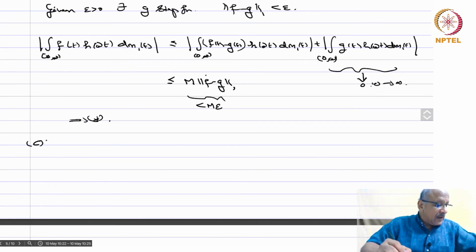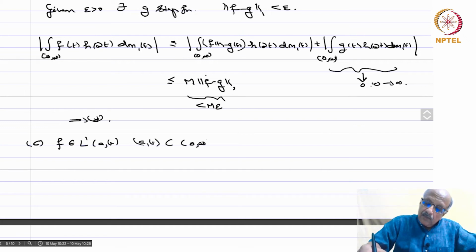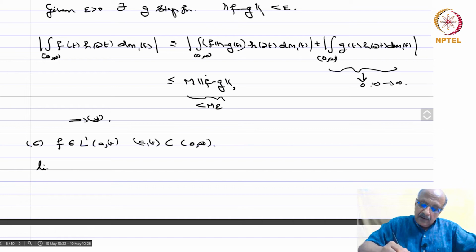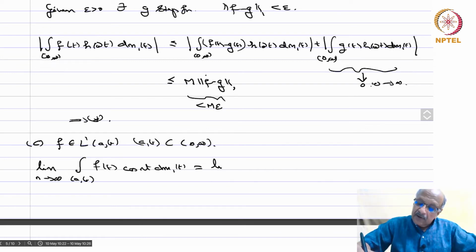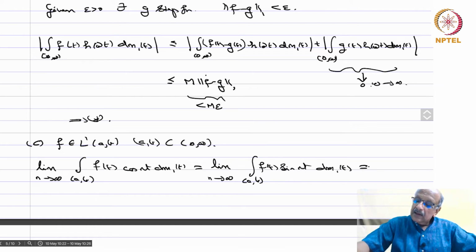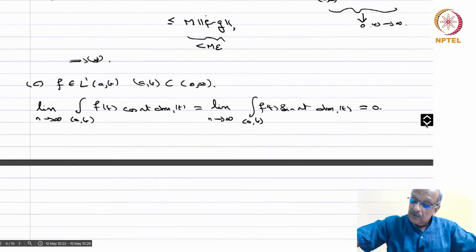C. So f in L1 of (a, b) contained in (0, infinity). The limit as n tends to infinity of the integral over (a, b) of f(t) cos nt dm1(t) equals the limit as n tends to infinity of the integral over (a, b) of f(t) sin nt dm1(t), and they are both equal to 0.